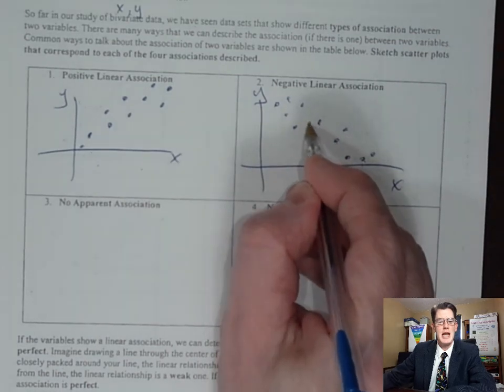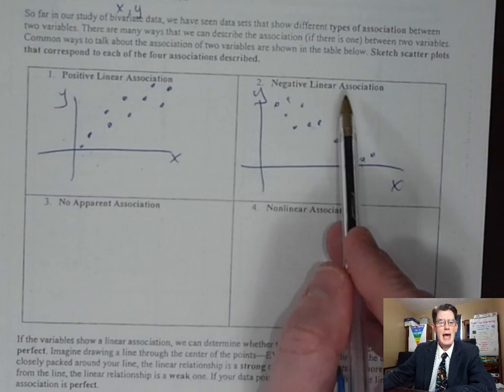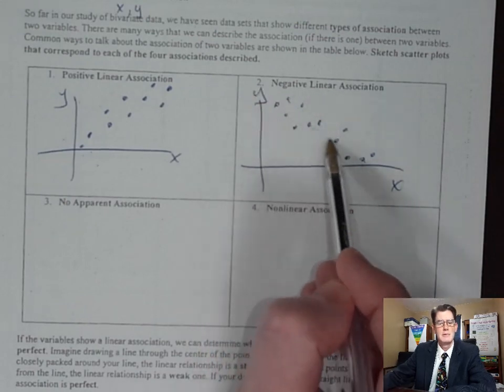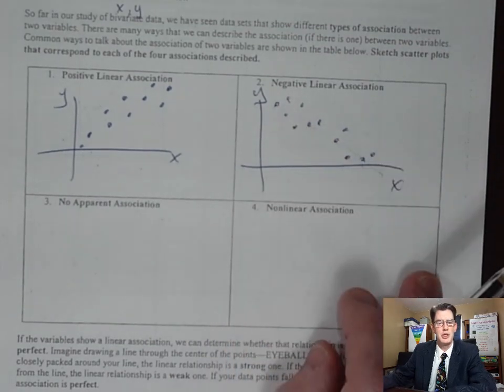And you can see how this negative linear association, because it's going down, has a negative slope, and it's in the form of about a line. We could even draw a line through it that would come close to hitting the points.